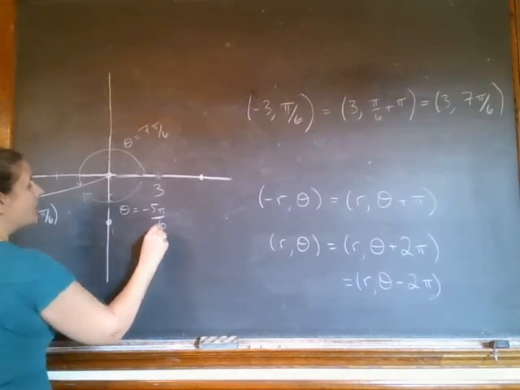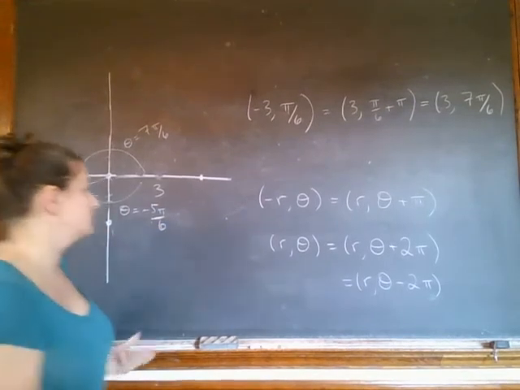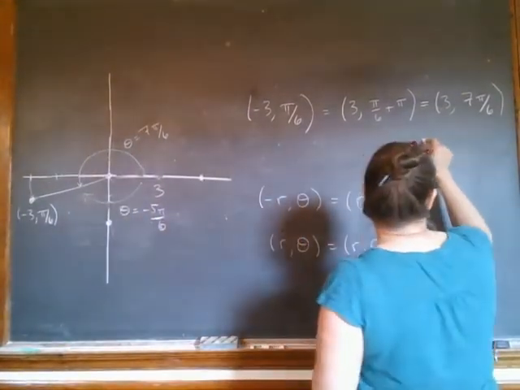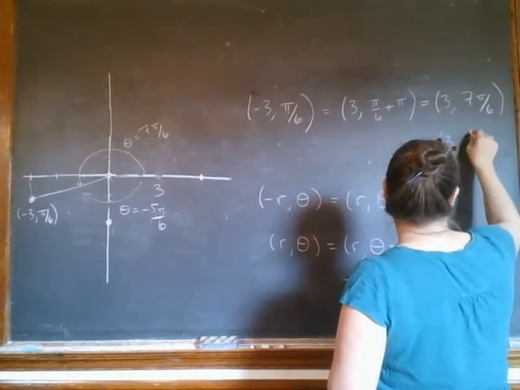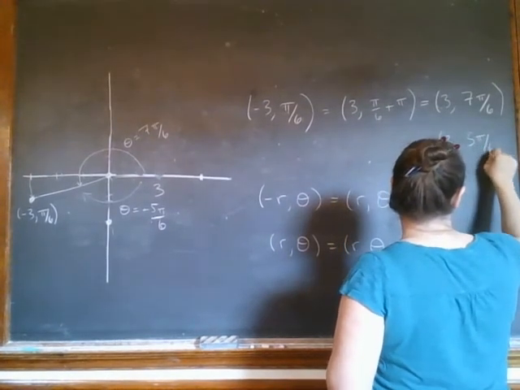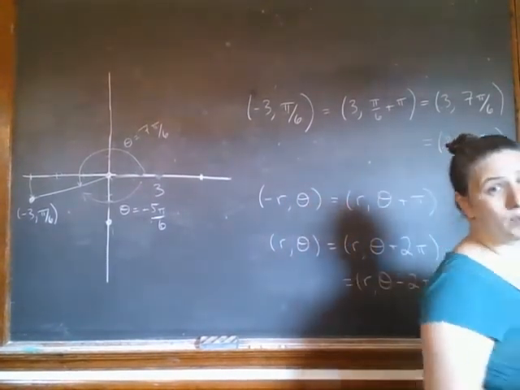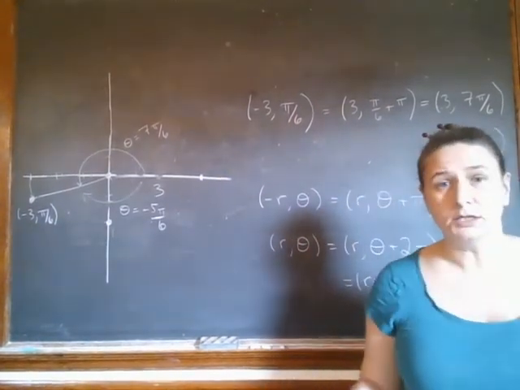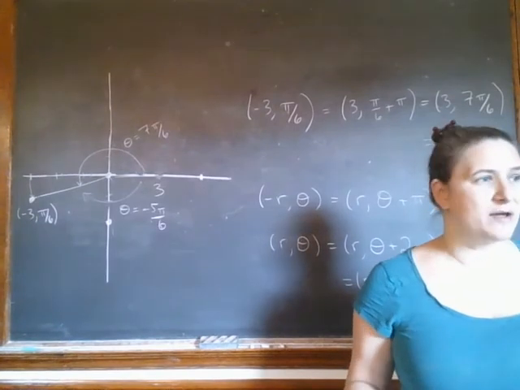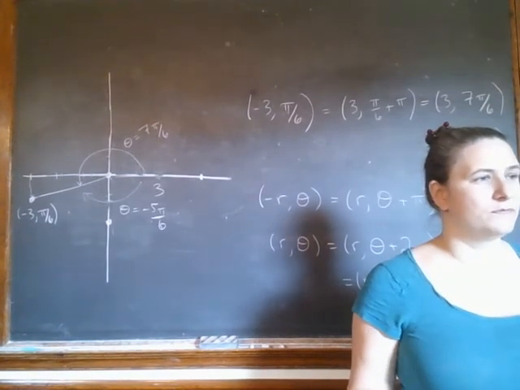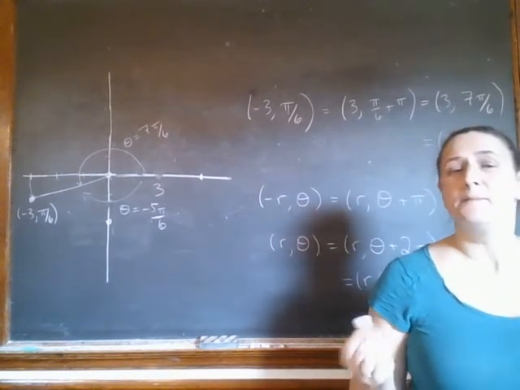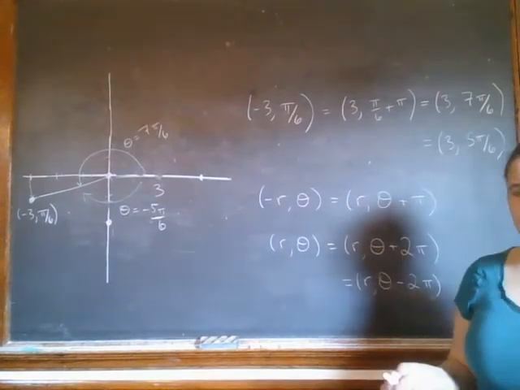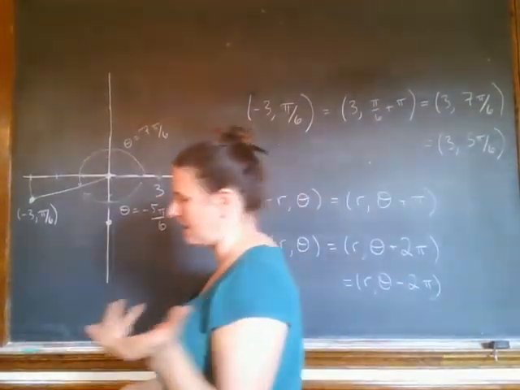So this is all very much related to circles, right? And we're going to be using those unit circle points. So if you're a little rusty on the pi over 6 and the pi over 2 and the pi over 4, just go ahead and look back at your unit circle to get those back into your head.